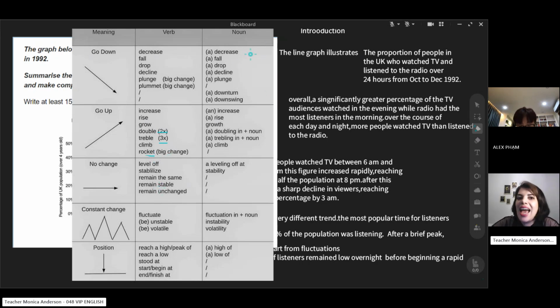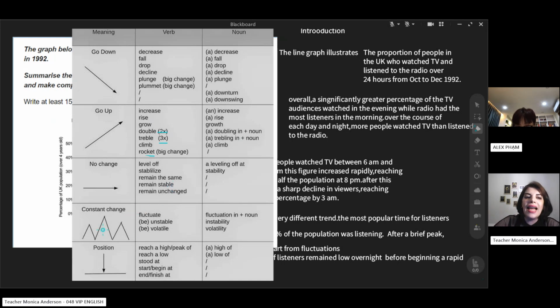And we have nouns, as you can see: fall, drop, decline, plunge can be used as nouns, okay? And downturn or downswing. Here we have nouns for going up. If there is no change, it means stable, level. You can use remain the same, remain stable, steadily. Steadily is an adverb you can use.